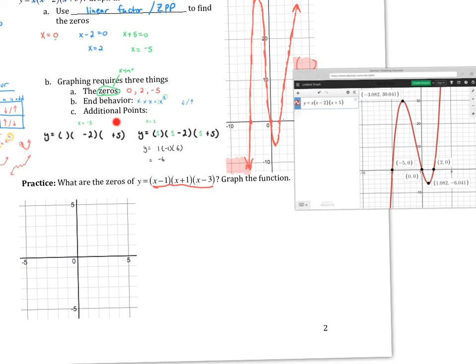And next, find some additional points. Between your zeros, you have to choose some nice number that you can plug back into the original problem and find the approximate behavior of what happens between the zeros. Go ahead and check your function using Desmos or your TI calculator.